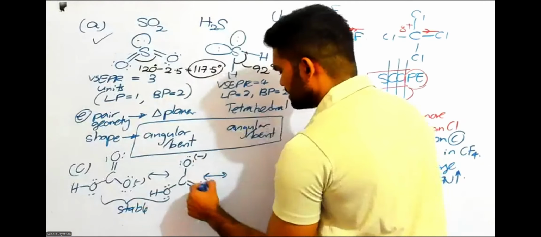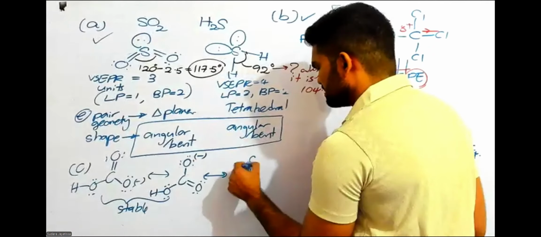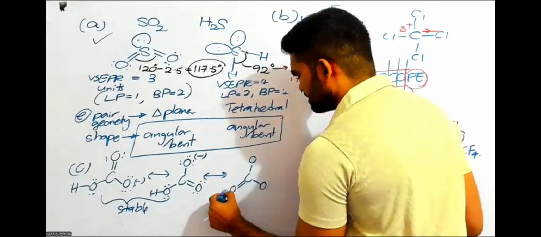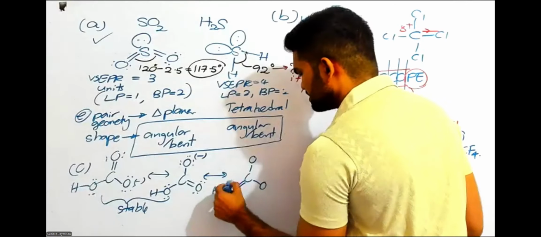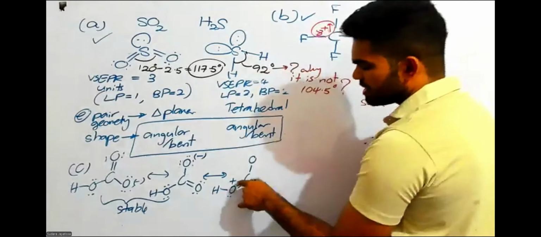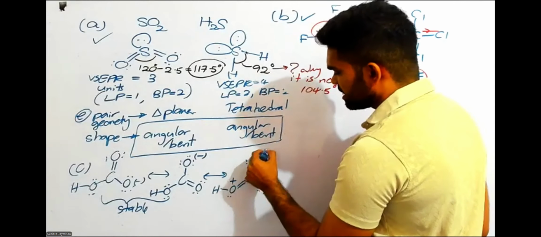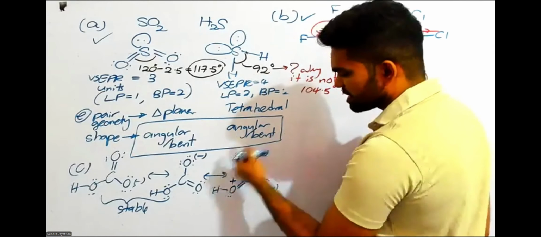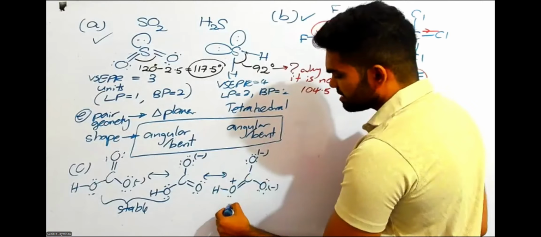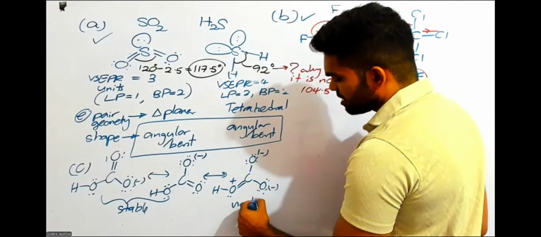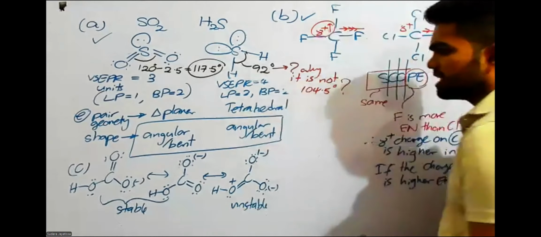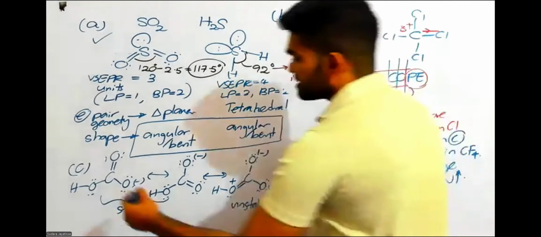But if you take the third resonance structure, which has a double bond on the hydrogen-connected oxygen, you can see that oxygen will have a positive charge. Having a positive charge on oxygen and having higher charge distribution like this make this structure unstable. So the statement says equally stable structures are there.